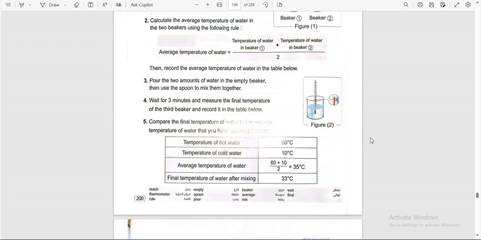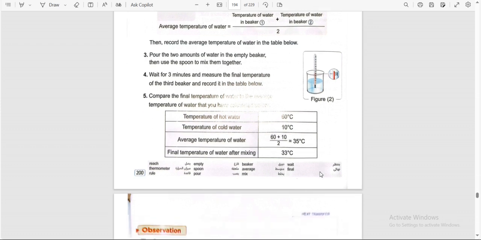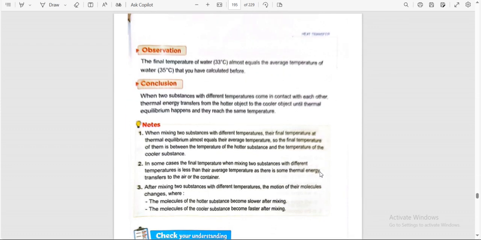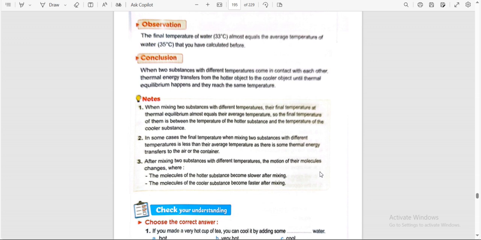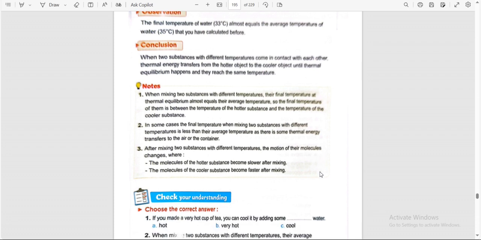So this is the average temperature. But now, let's measure using a thermometer. Let's find the actual temperature, and you see that it's 33, which is very close to the average. So if you don't have a thermometer, you can just use this theoretical way, and it's always going to be close to the actual temperature. Good.